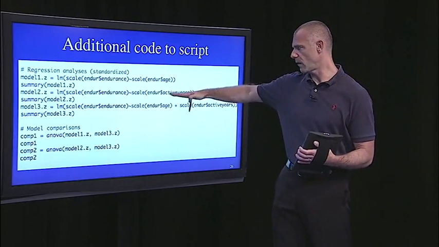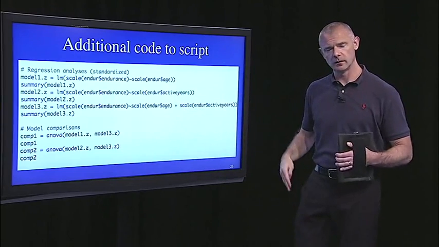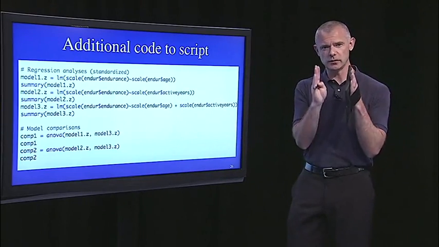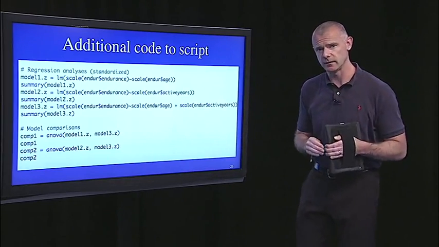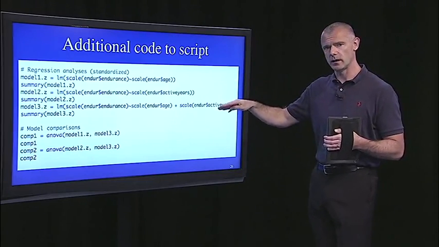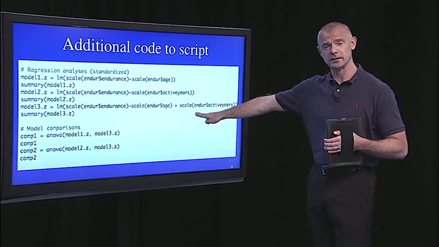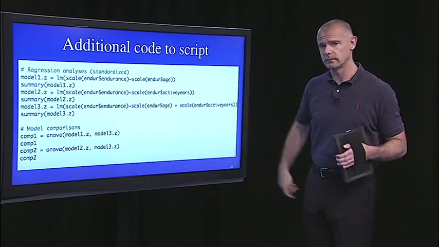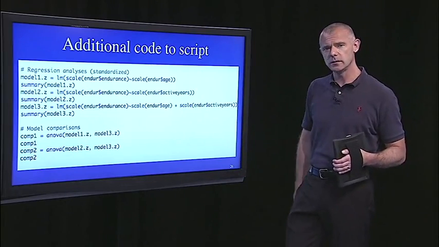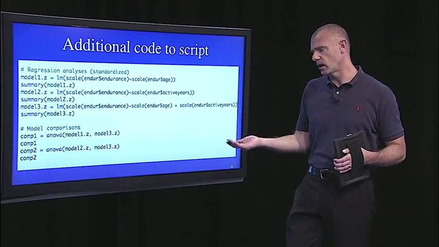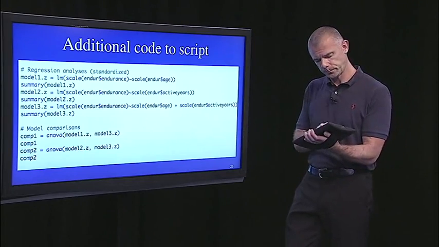So this model is nested within the more complex model. So we can do this direct model comparison. And there's a significance test that allows us to test whether or not this model is doing statistically significantly better than the simple regression models. So I'll compare model 1 to model 3, and I'll compare model 2 to model 3.